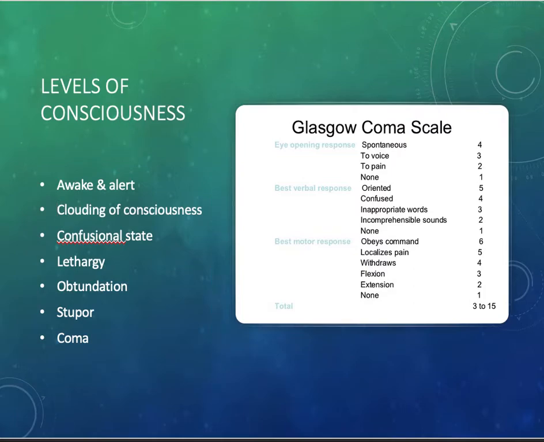Now, clouding of consciousness is a very mild form of altered mental status where you have some inattention and some reduced wakefulness. So we kind of think of it as being in a fog. Okay, so like a mental fog. You're just slightly less awake or aware than normal. You're not as aware of time or your surroundings. You find it difficult to pay attention. So that's when your mind is foggy.